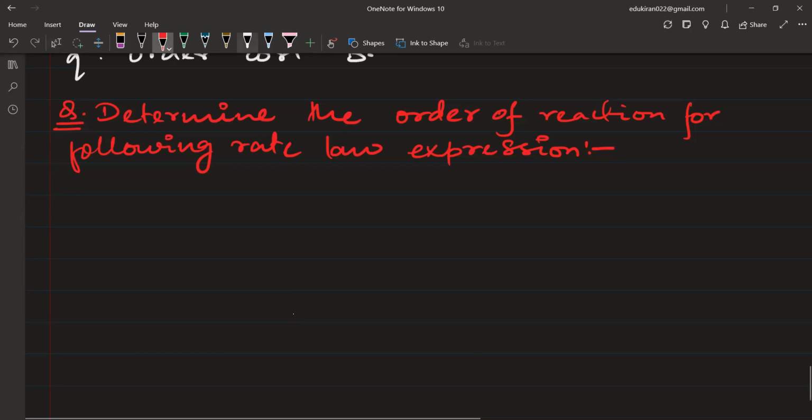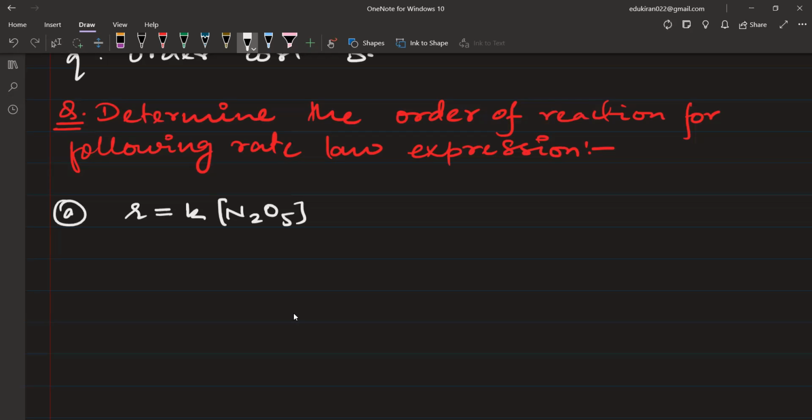For example, you have that A part. They have given rate is equal to K into the concentration of N2O5. So what will be the order of reaction? Tell me. What is the power of N2O5?